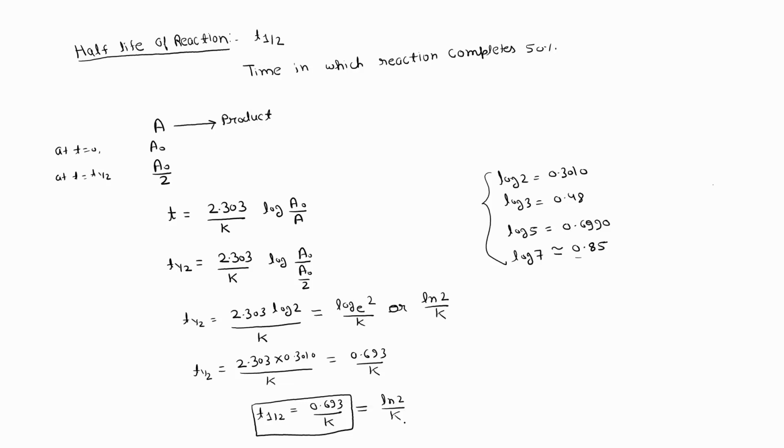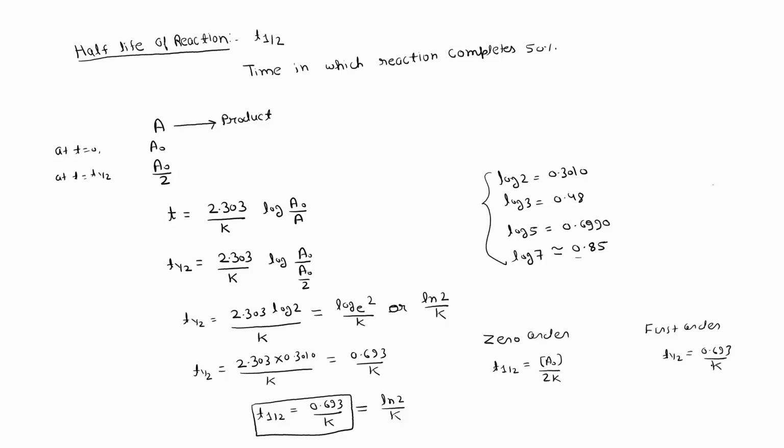So this is the T half, and if we compare zero order and first order reactions, for a zero order reaction we know T half is A naught by 2k, whereas for a first order reaction T half is 0.693 by k.